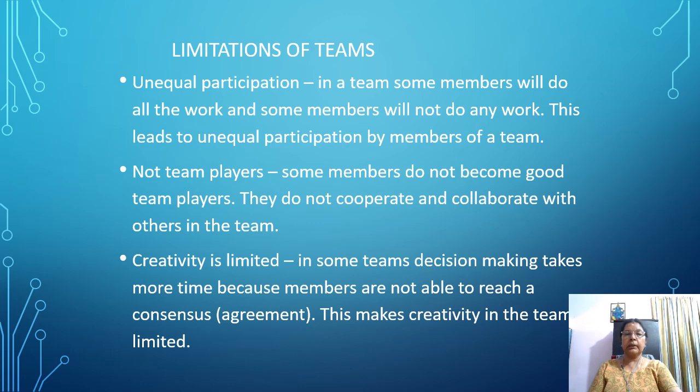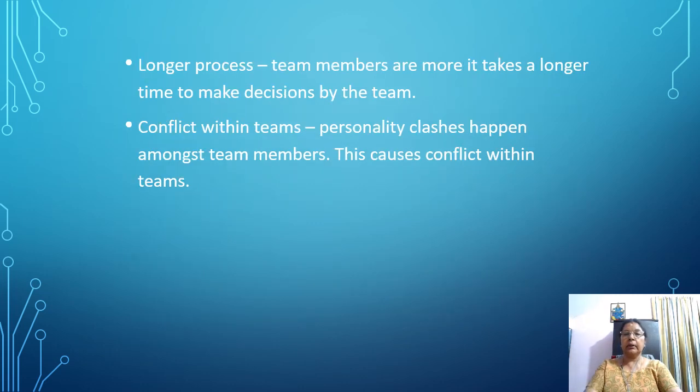So these are the limitations that team members face, and most of the times, if it is a very large team, the decision making takes a longer time, because you need the consensus of all the team members. All the team members have to agree to take a common decision. So sometimes taking a decision takes a longer time in teams.